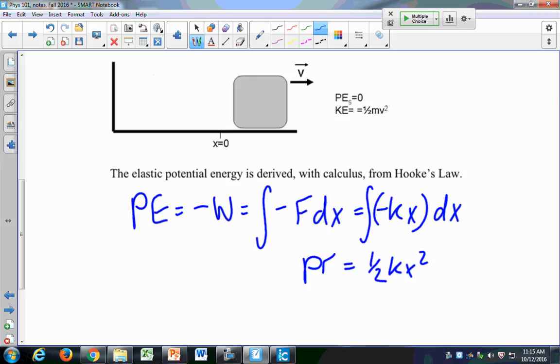So this is where I get the elastic potential energy of a spring. It's from integrating the work done on a spring and then putting in this negative kx. Again, you're not going to see that on the test at all, so don't sweat it, but just a little sidetrack, a little side visit into integral calculus.